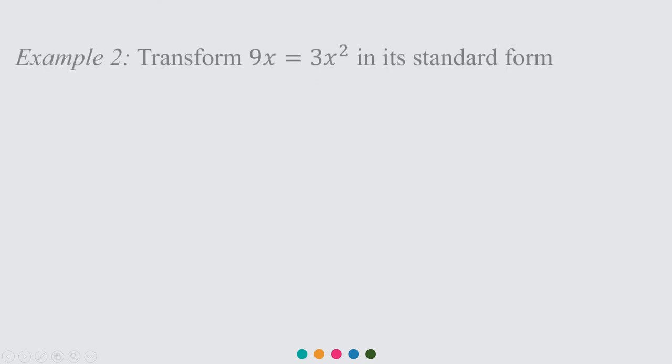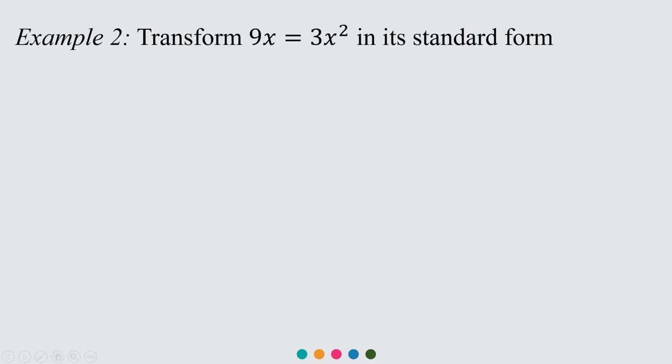Second example, we have to transform 9x is equal to 3x squared in its standard form. So, copy lang natin yung given equation is equal to 3x squared. Okay, since yung a naman natin dito, yung tabi ng x squared, yung coefficient ng x squared natin ay positive 3, so itong nasa left side ang ipupunta natin dito sa right side.